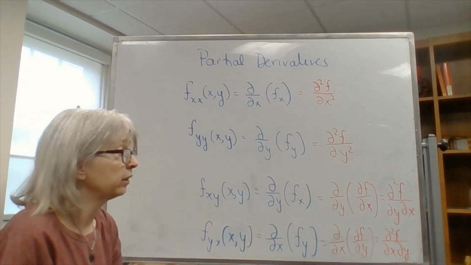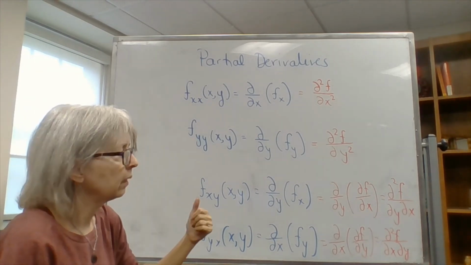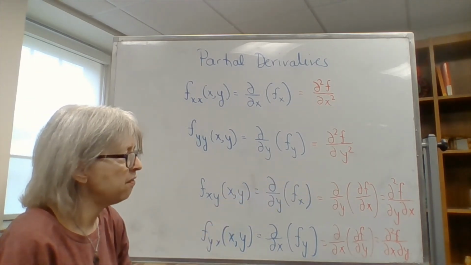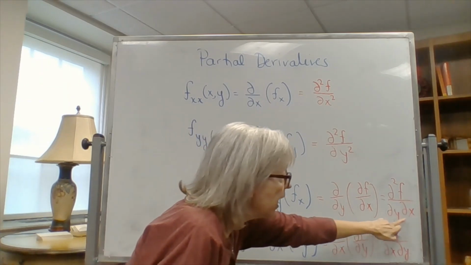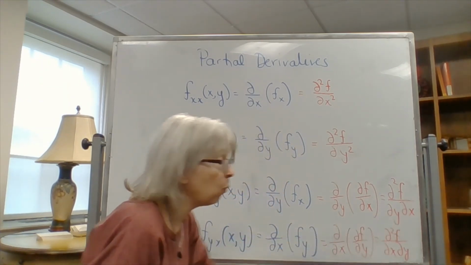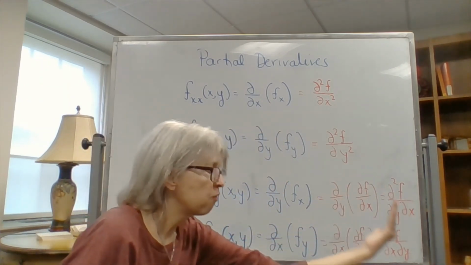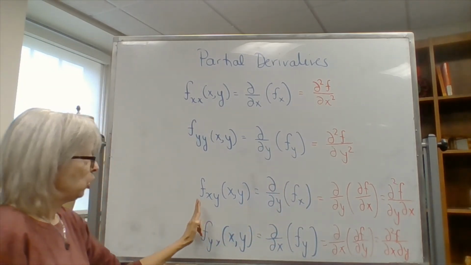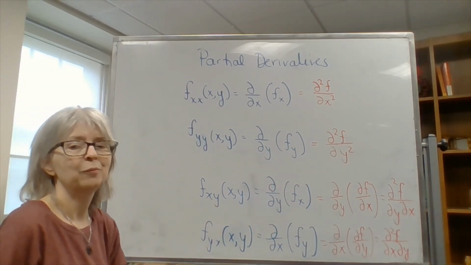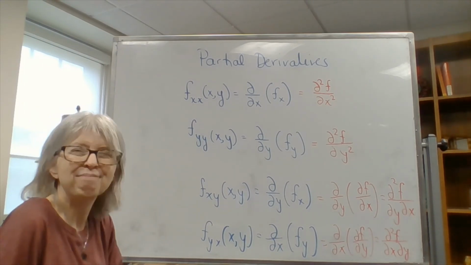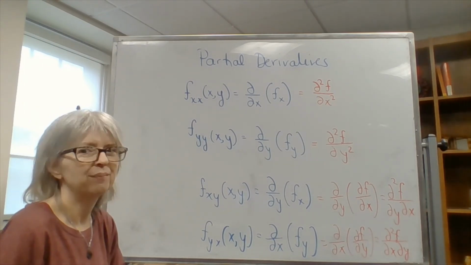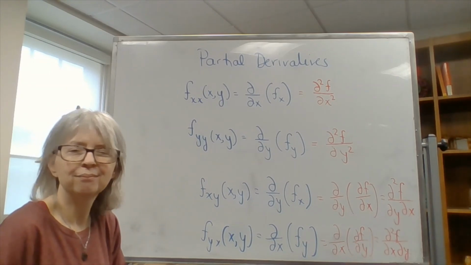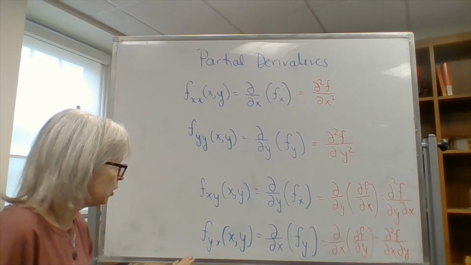So it's the second partial of f with respect to x first, then y. You go from right to left when you use that notation, and from left to right when you use this one. A little twisted up, but notation can do that to you.